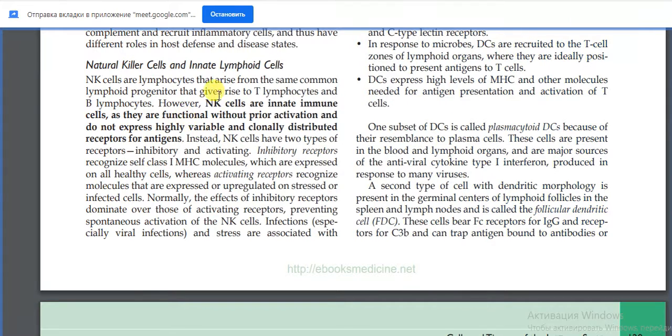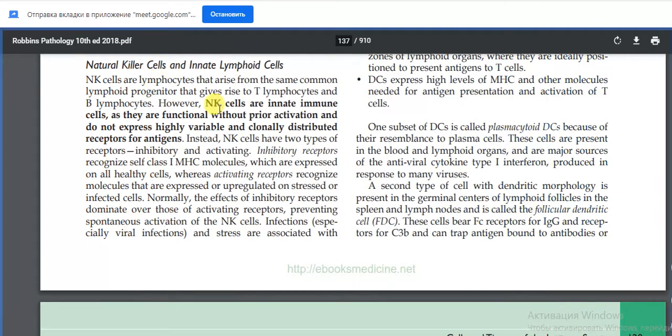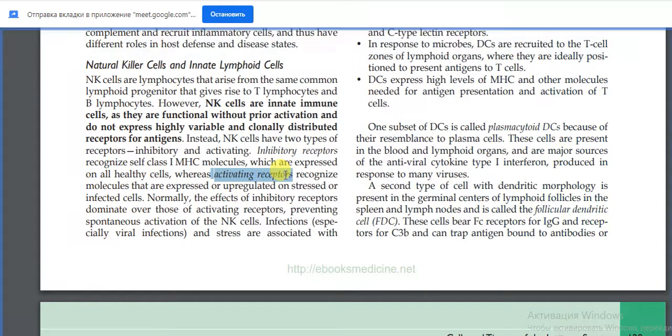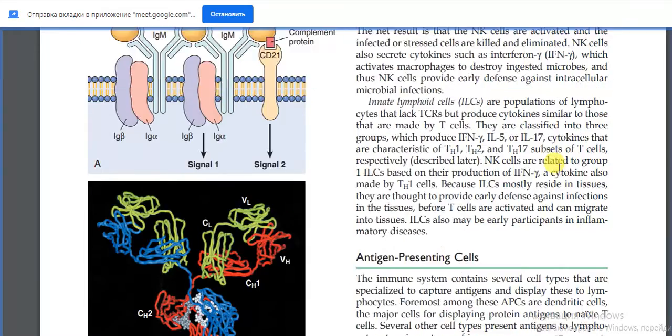Okay. We have natural killer cells and innate lymphoid cells. So we discussed we have inhibitory receptors and activating receptors. Inhibitory receptors recognize self MHC molecules and prevent autoimmune aggression to them. But activating receptors act on changed cells, for example, especially viral infections or malignantly changed cells.